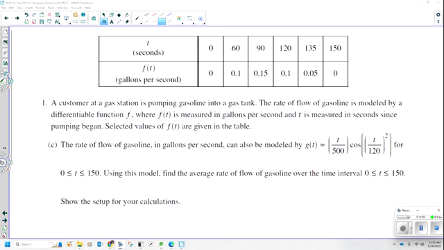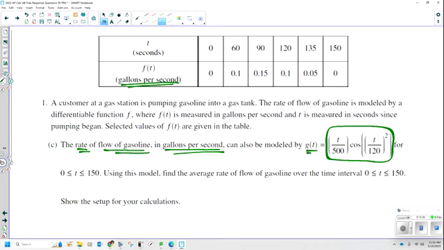1C, the rate of flow of gasoline in gallons per second can also be modeled by G of T. All right, well, what they're saying is this is gallons per second. The rate of the flow in gallons per second, now we don't need the table. They give us an equation that can represent it.